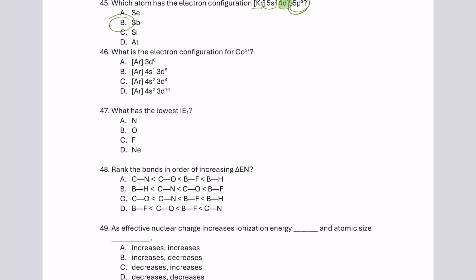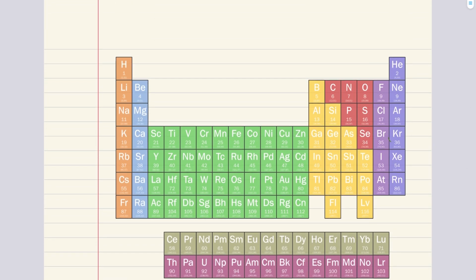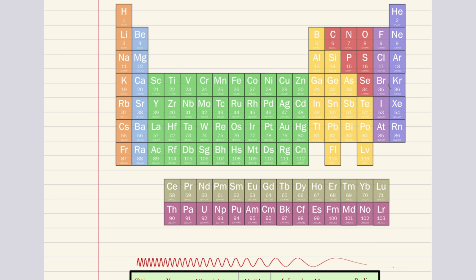46 says, what is the electron configuration for cobalt 3+? To answer question 46, we need to start with writing the electron configuration for neutral cobalt. Let's look at our periodic table. Cobalt is right here. Its atomic number is 27.